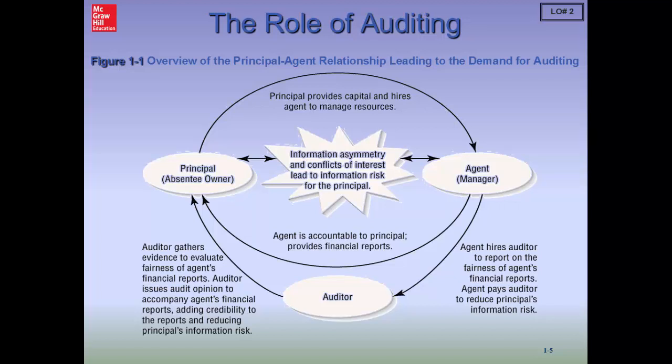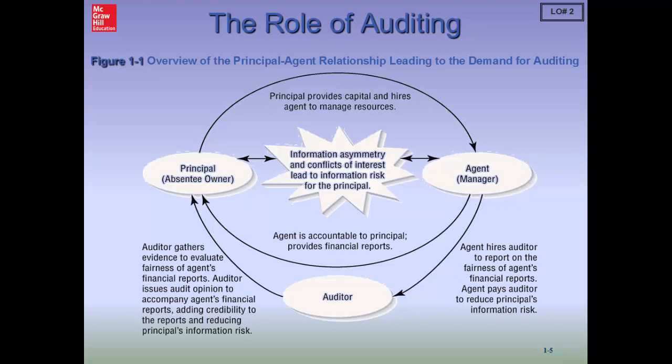The auditor provides an objective, independent opinion of the financial statement information. The auditor is not telling the principals that management is doing a good job or not doing a good job. What the auditor is saying is when you look at the financial statement information, the information is presented fairly, and then the principals are able to look at this information and make determinations as to whether or not management is doing the appropriate job.